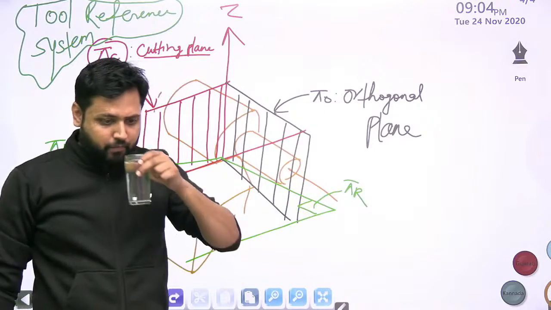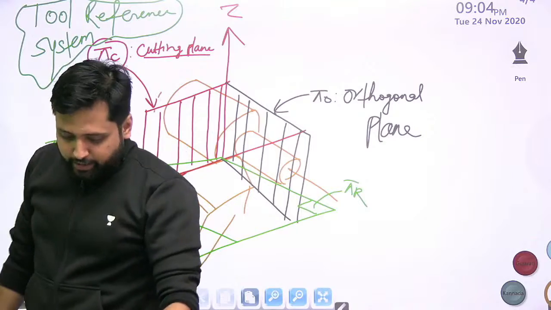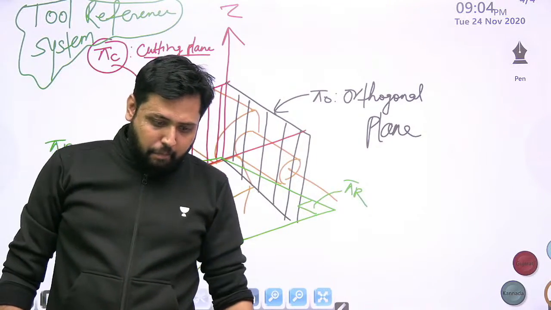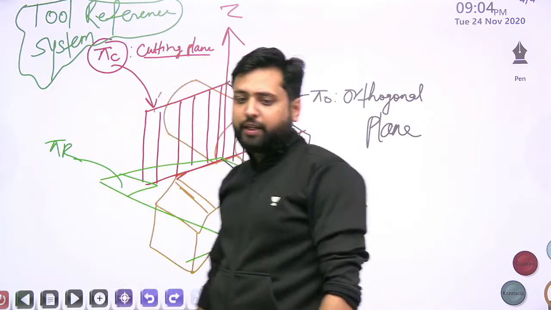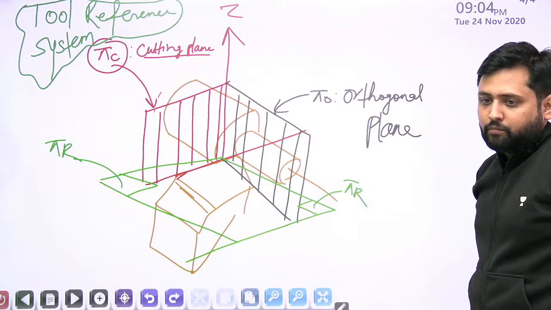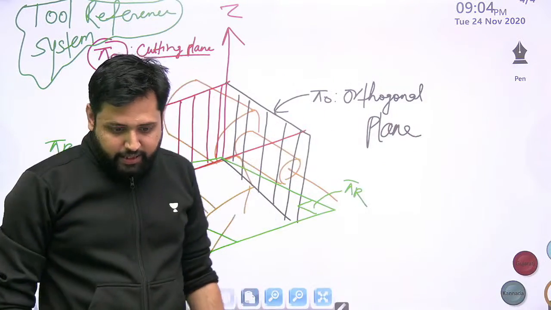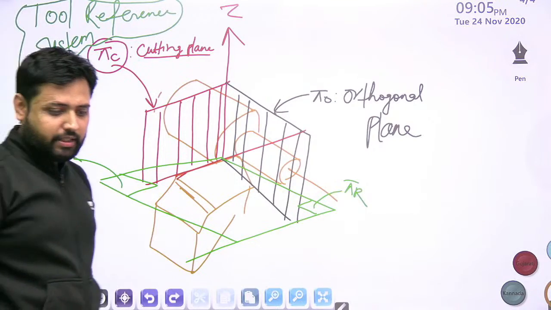I am waiting for you. Come on. Will you use the ASA tool signature or the ORS tool signature? Yes, very nice, Umang Kumar Patel. We will be using the ORS tool signature.